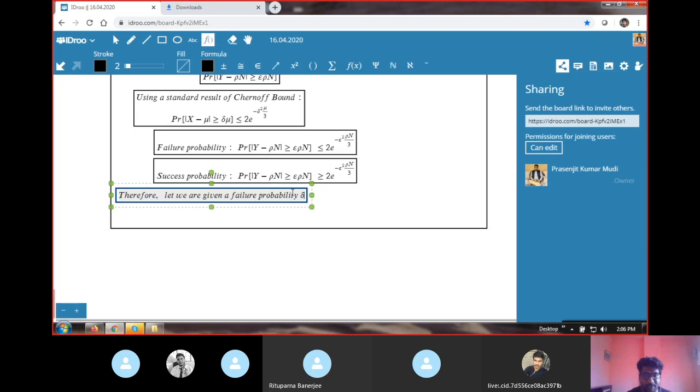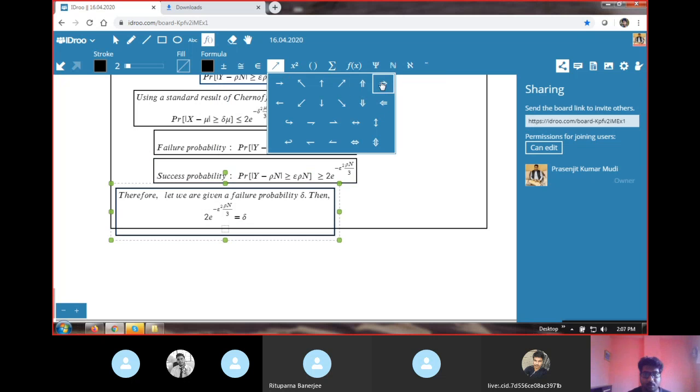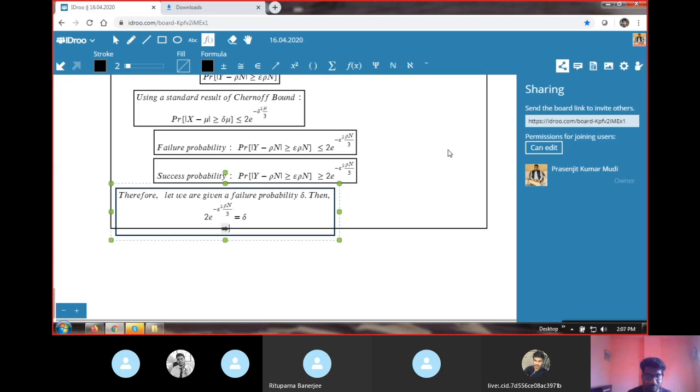Okay, so let we are given a failure probability delta, then we have this failure probability is equal to delta. So 2 times that expression is equal to delta. Okay. So in the next line, you can apply exponential and log on both sides to come up with an expression.